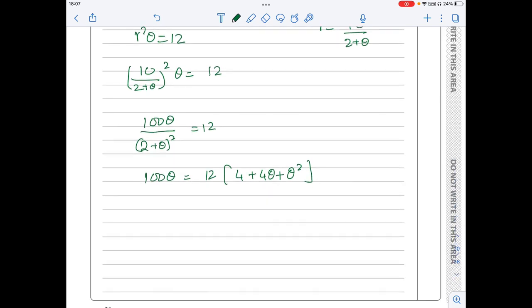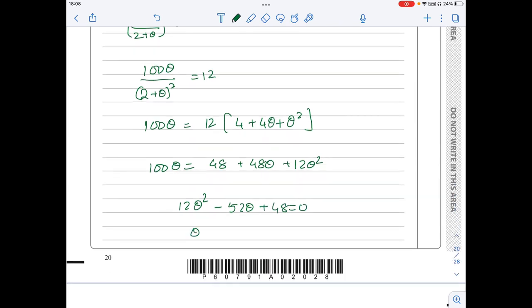So what does that become now? 100 theta equals 48 plus 48 theta plus 12 theta squared. So 12 theta squared, then 48 minus 100 is minus 52 theta, plus 48 equals 0. Divide by 4, so 3 theta squared minus 13 theta plus 12 equals 0. So we have got that equation now.